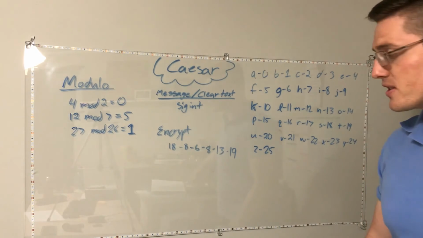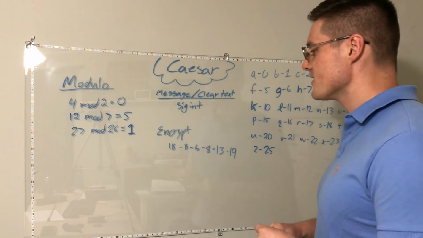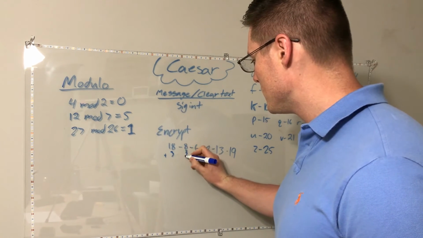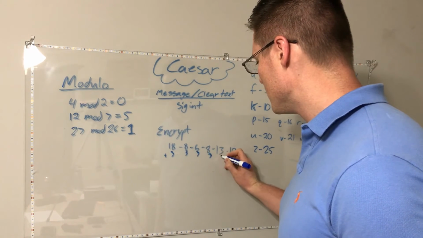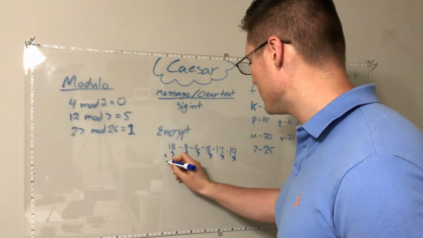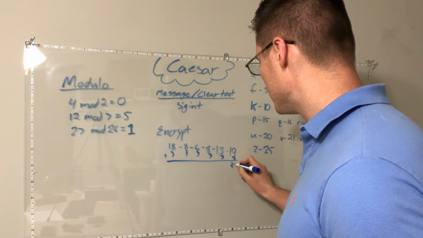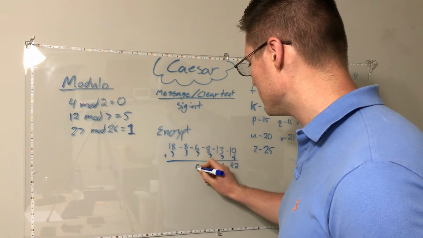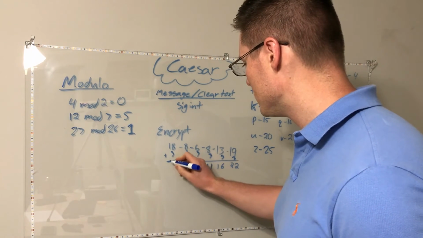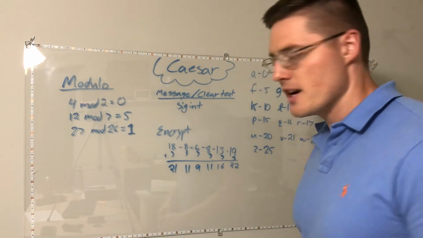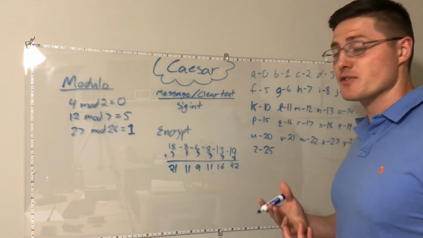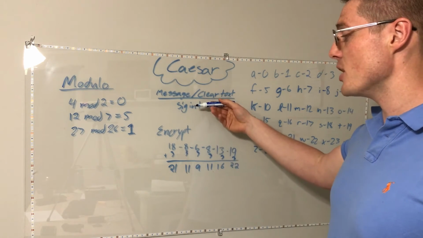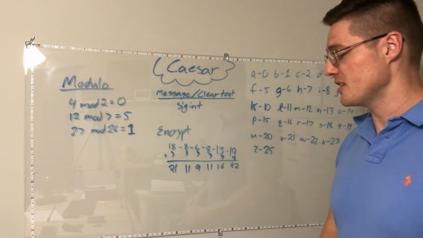And so how the Caesar cipher works is you add 3 to each value. And in this case, we're given different numbers that are associated with the same message, but shifted 3 spaces.